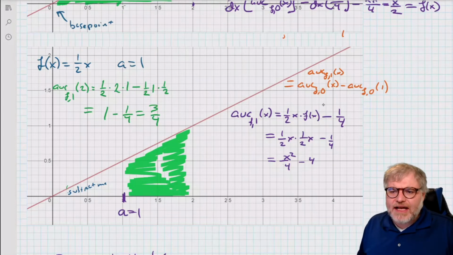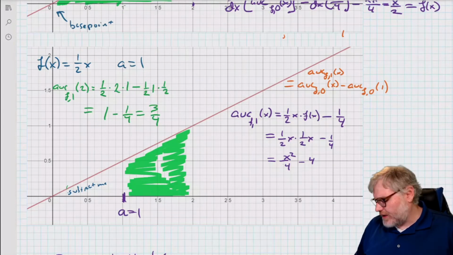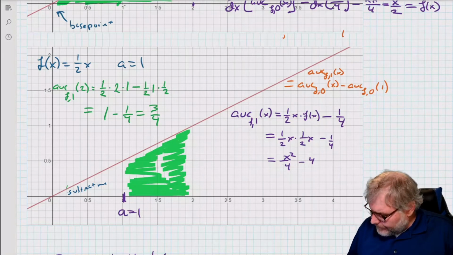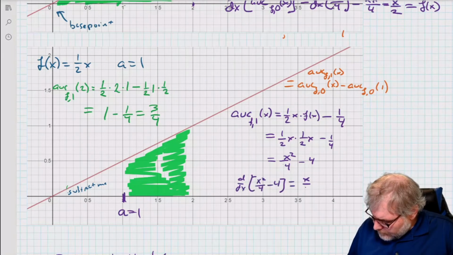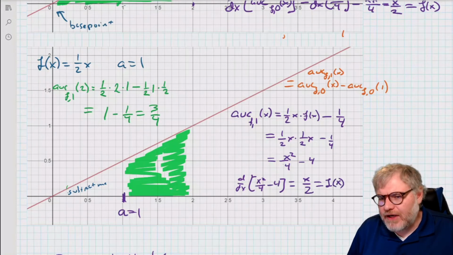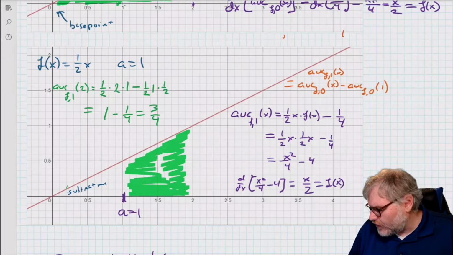So I've got a kind of change of base point formula, so to speak. And then let's take the derivative of this. And again, we find our derivative of our AUC function is simply what f was, which was x over 2. That's interesting.